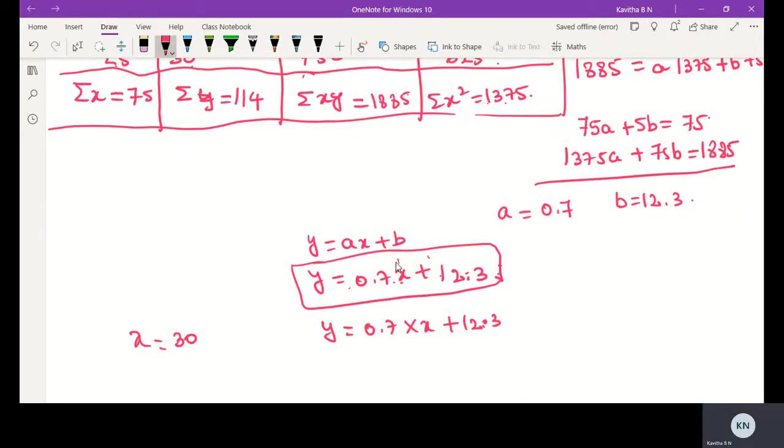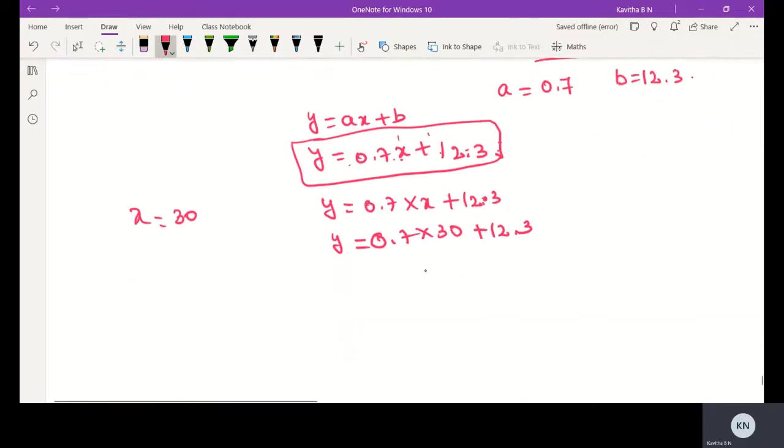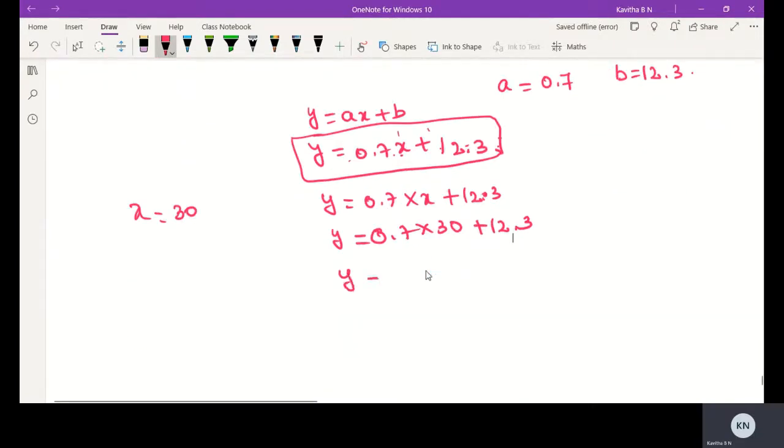Then simplify: 0.7 into 30 plus 12.3. Then what are we getting? Simplify and tell me the answer. Okay, your answer is 33.3.